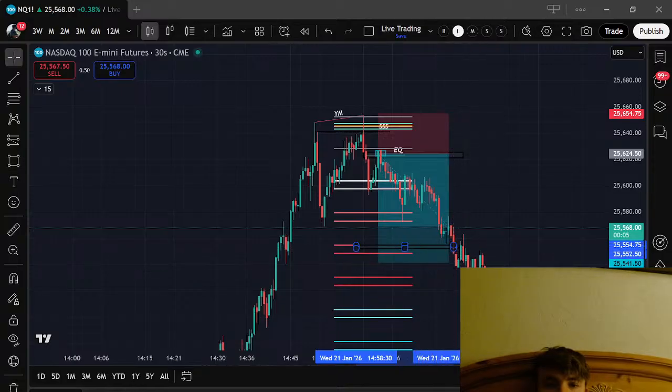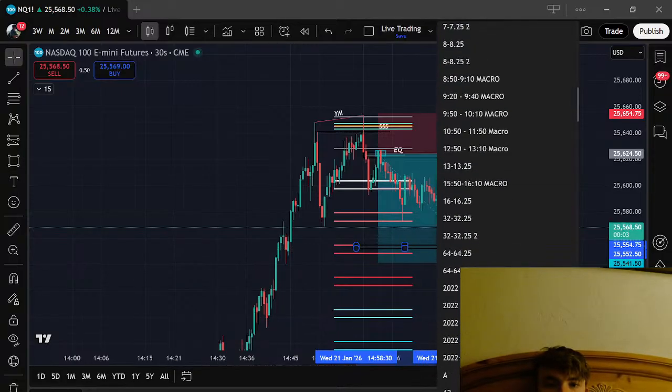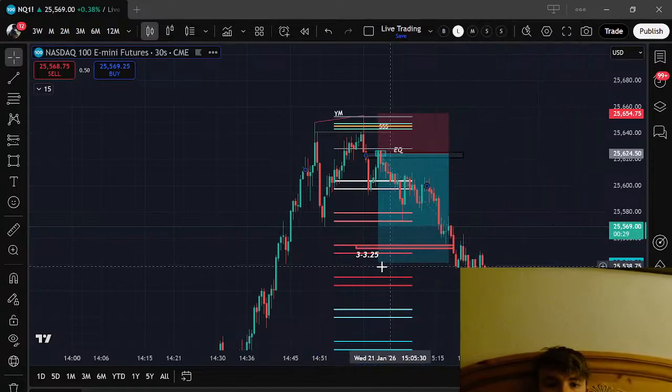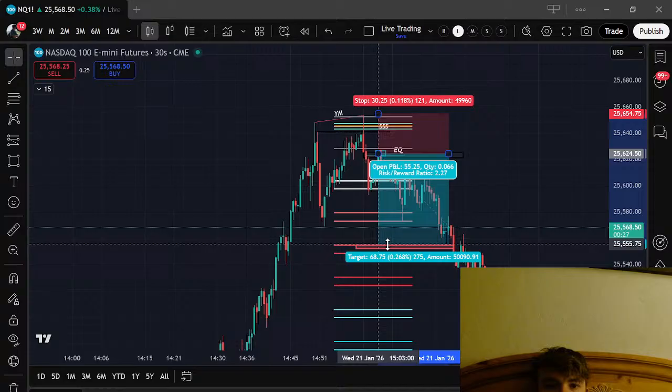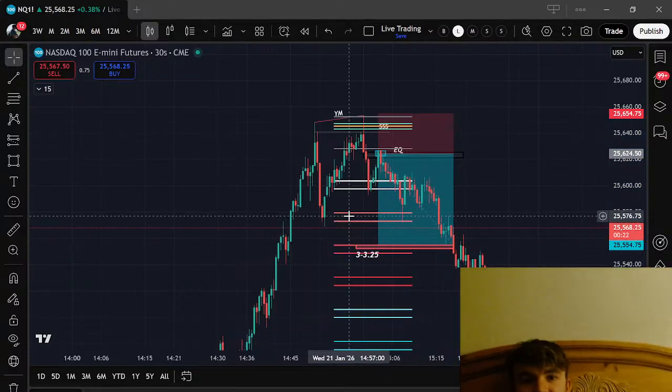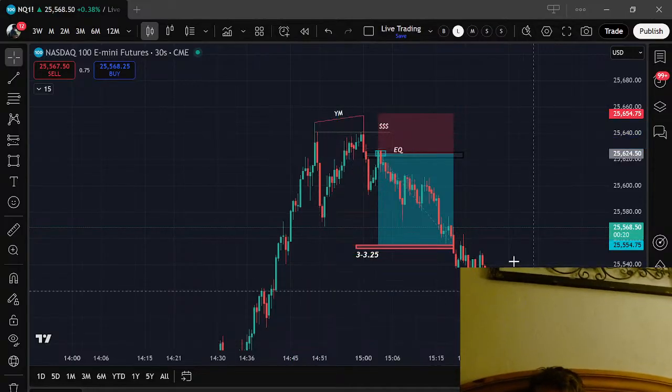Use target 3 projections. Wow, that's not very good RR at all, but it's all good.